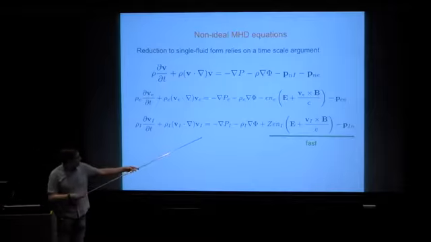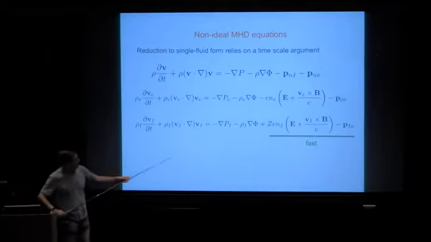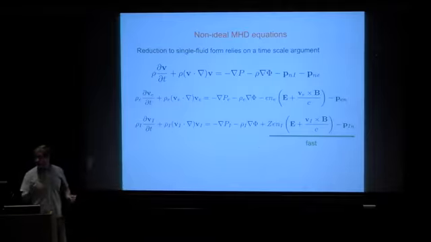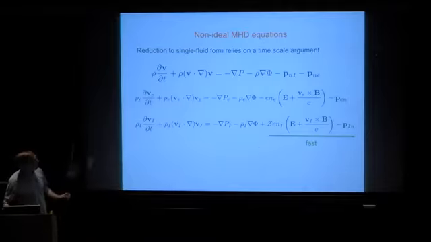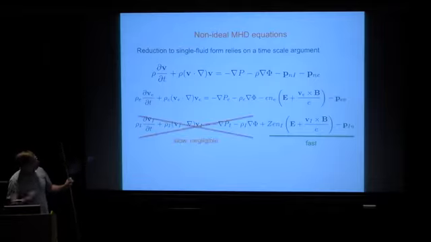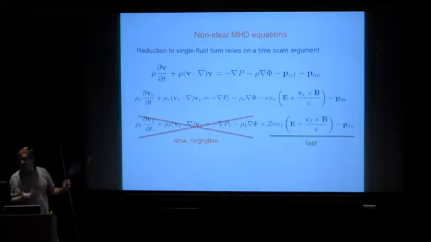These terms on the left and the first couple on the right represent macroscopic fluid evolution scales. But these ones here represent faster timescales, stronger terms. The idea is that if the two terms on the right-hand side, the Lorentz force one and the momentum coupling terms, are really much larger than the other terms, then for some purposes we can just consider those terms and say that all the stuff to the left of those represents much longer timescales and is a negligible effect.